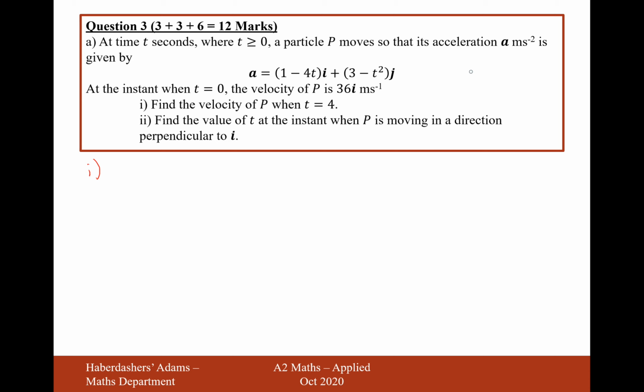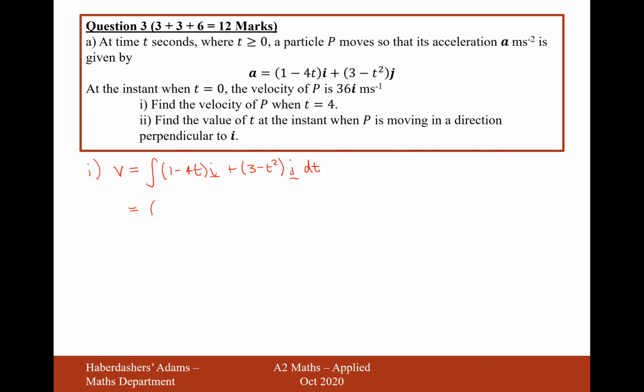Okay, so what we're going to be using here is our knowledge that if we integrate acceleration, we get velocity. So v is going to equal the integral of 1 minus 4t on the i component, add 3 minus t squared on the j component, with respect to t. So let's integrate.